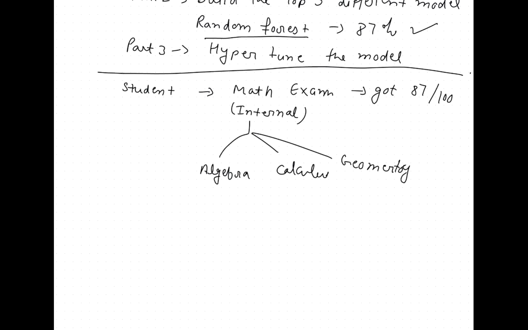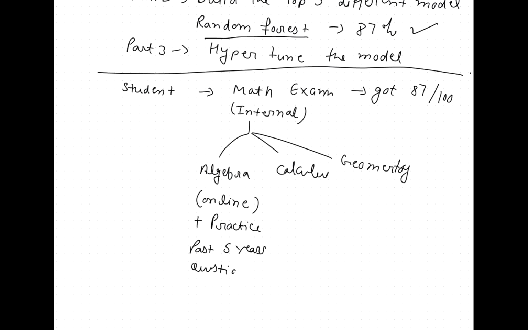To get trained on all these subjects, you applied different methodologies. In technical terms, we can name it a parameter. You learned algebra online, and plus you practiced past 5 years questions.